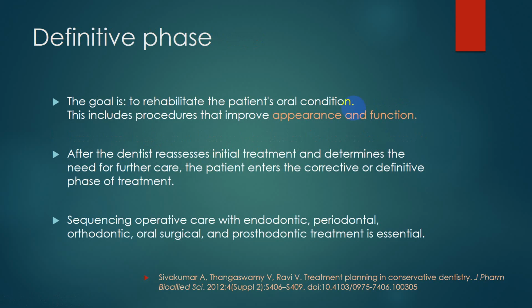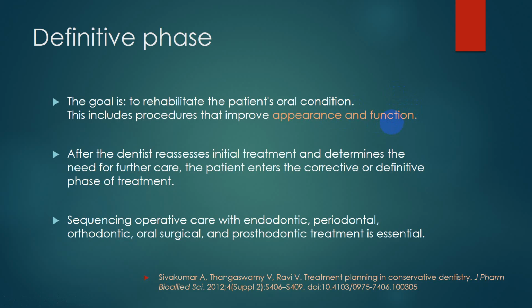The definitive phase is to rehabilitate the patient's oral condition. This will improve the appearance and the function. As you see, what I mentioned previously in the disease control phase is that we can have all the different disciplines coming in that disease control phase.